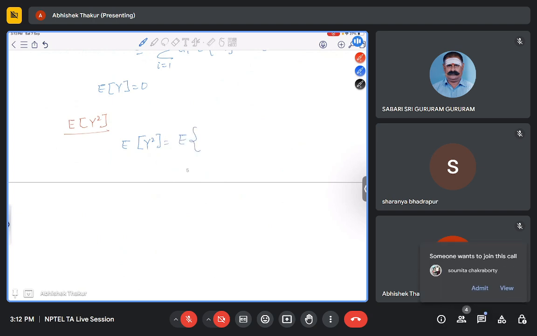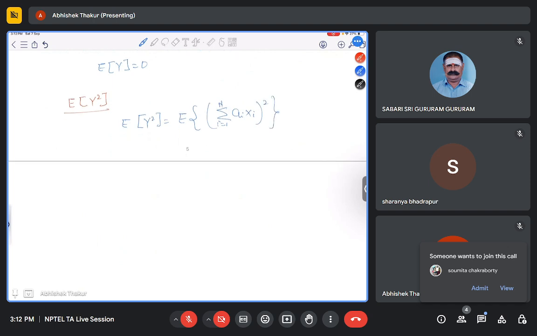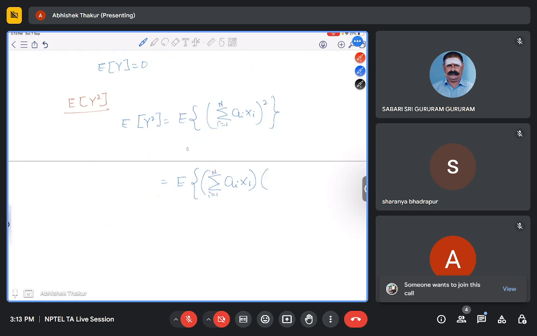This will become expectation of summation ai xi, i equal to 1 to n, whole square.